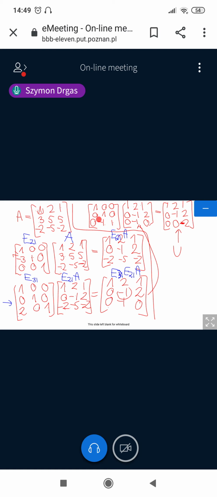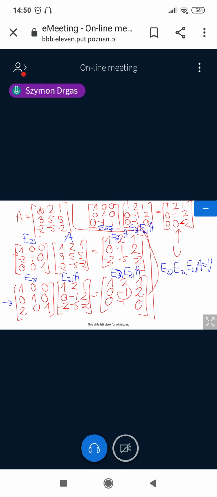So this matrix will be called E32, multiplied by, and this matrix is the same as that one, so it's E31 multiplied by E21 by A. So we can write that E32 by E31 multiplied by E21 multiplied by A is the same as the upper triangular matrix.